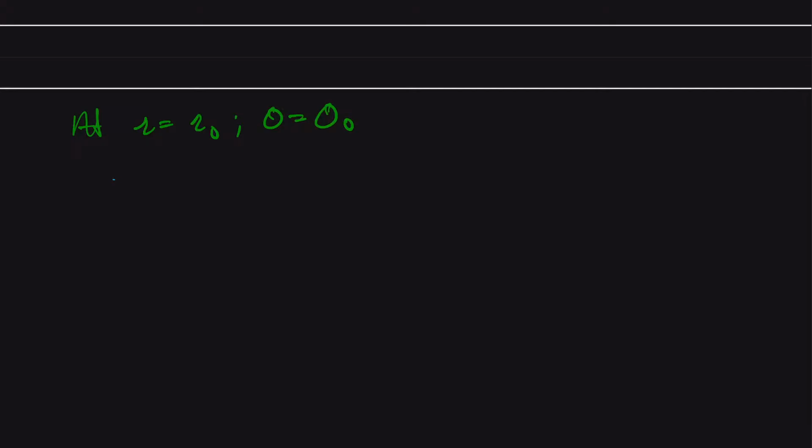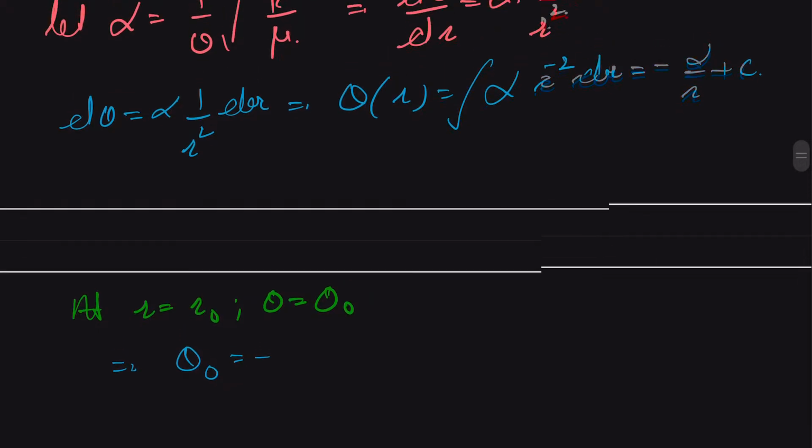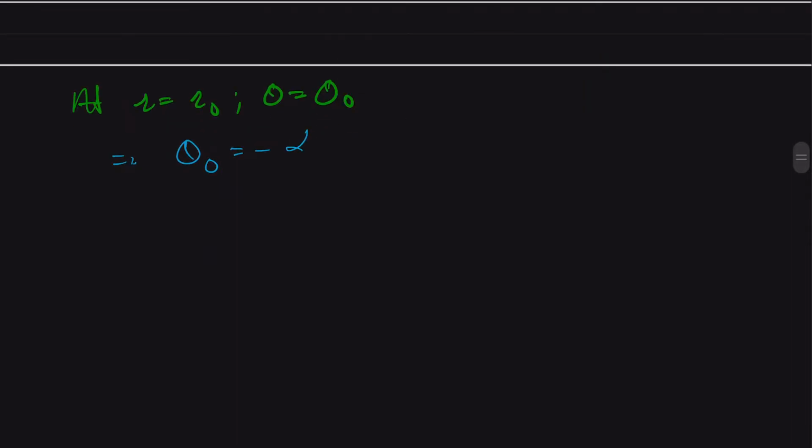Therefore, we get theta naught will be equal to minus alpha upon r naught plus c. So from here we can say that our c is equal to theta naught plus alpha upon r naught.